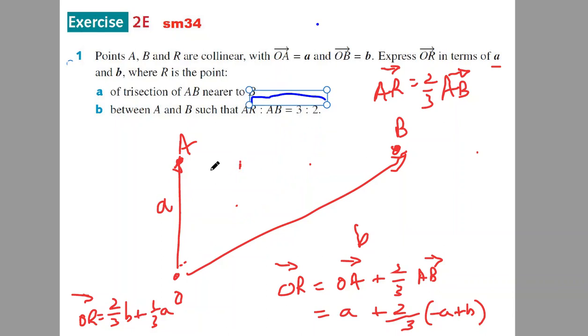So I'm going to break this into 1, 2, 3, 4, 5 parts. And A to R, ratio A to B, is 3 to 2.